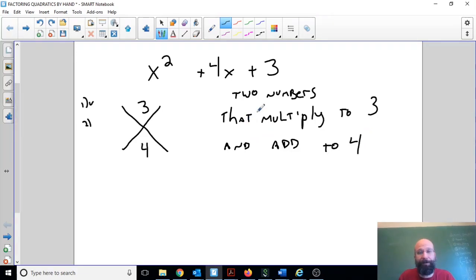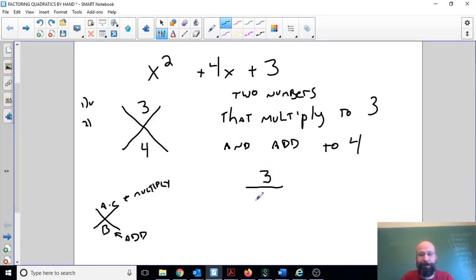So this is the hardest part of factoring, but you're looking for 2 numbers that multiply to this top, a times c, and then add to b. So here's multiply, and here you're adding. So the best way to do that is to take this number here and find all the factors of 3.